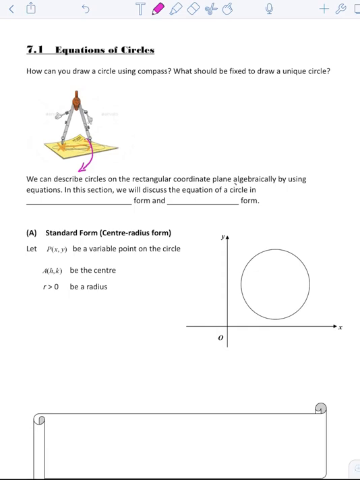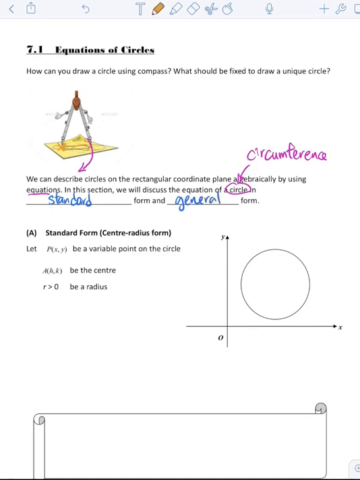Here, for a circle, which means the circumference, we will learn how to represent the circle in a particular position on the coordinate plane by using equations. In this section, we will discuss the equation of a circle in two forms. The first one is standard form, and the second one is general form.